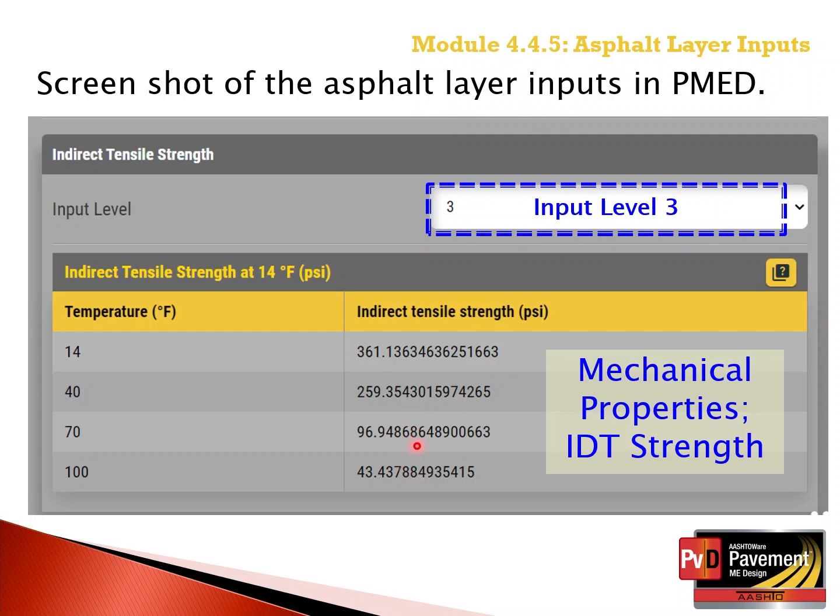For indirect tensile strength input level 1, the indirect tensile strengths for all temperatures are measured in accordance with AASHTO T322 for the 3 additional temperatures and entered in the software. The indirect tensile strength input level 2 is the more commonly used one by designers.